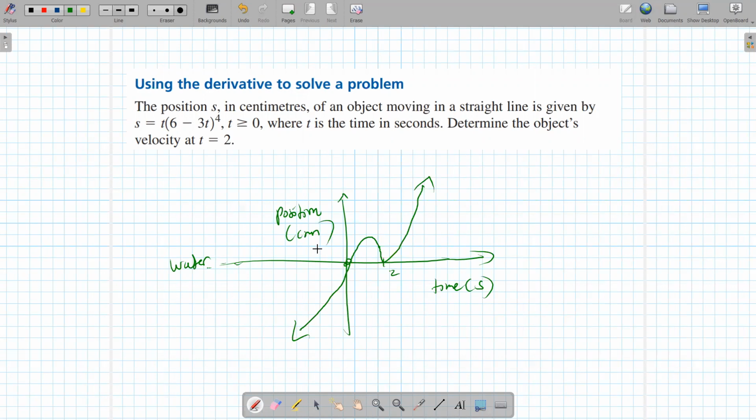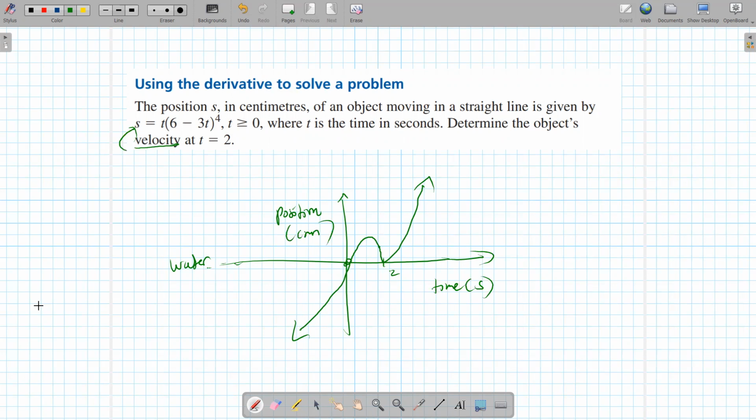So what the question is asking you, determine the object's velocity. How is velocity related to position, if you know? How are velocity and position related? Velocity is simply speed, right?